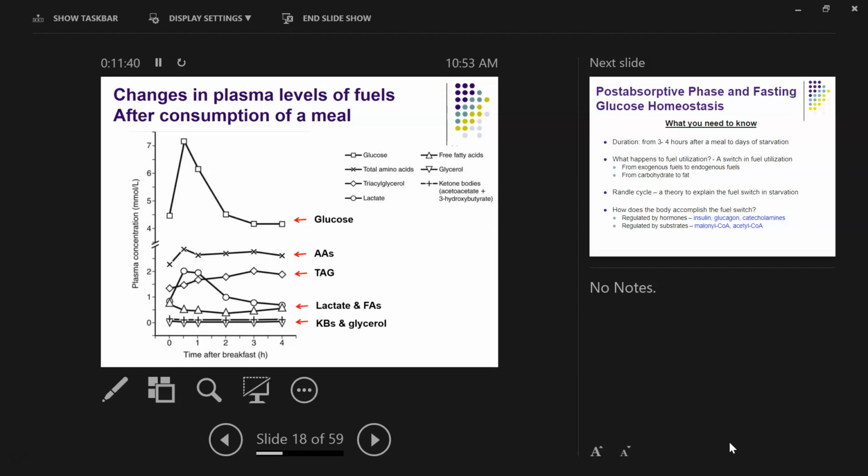We want to utilize a lot of glucose, so a lot of tissues are doing glycolysis, releasing lactate, particularly the red blood cells. They utilize a lot of glucose and release lactate, and also muscle tissues utilize glucose, and the liver, right?